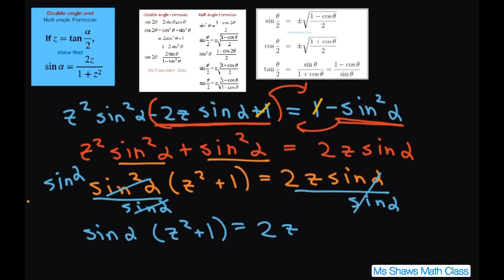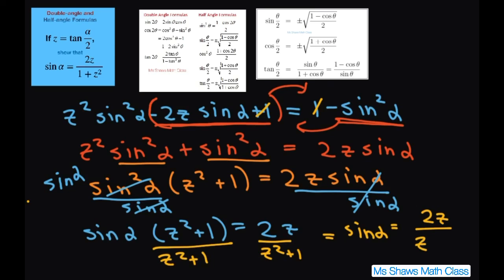Then all you have to do is divide both sides by z squared plus 1. That's going to give you sine of alpha equals 2z divided by z squared plus 1, which is our desired result. And that's it.